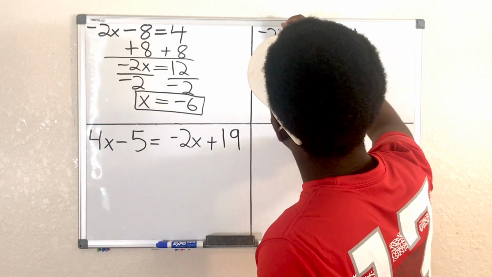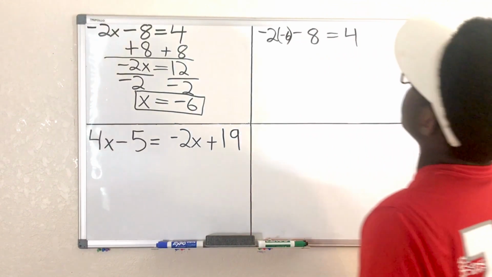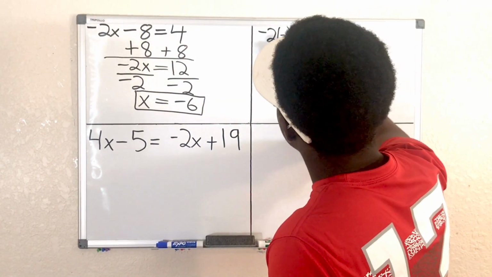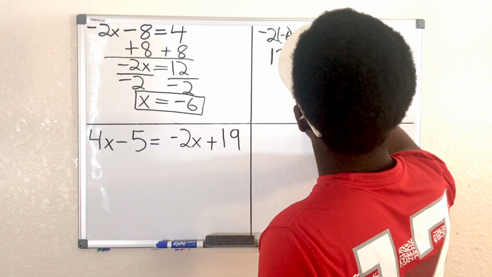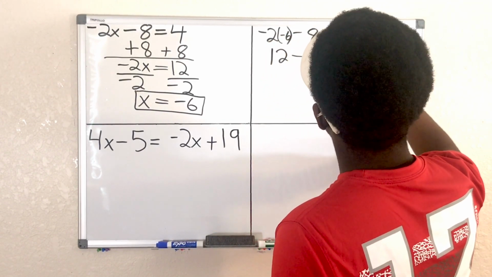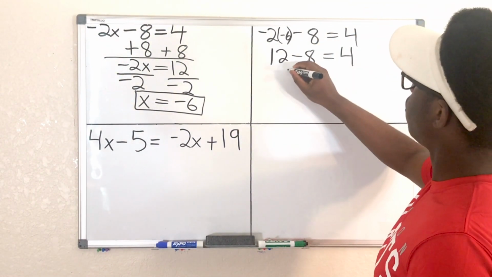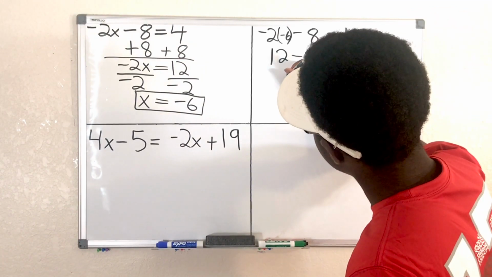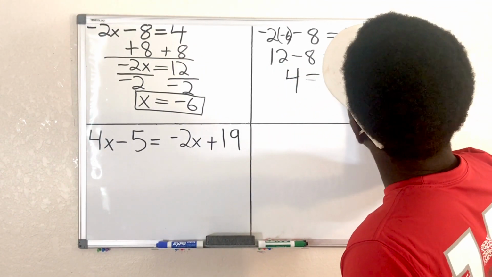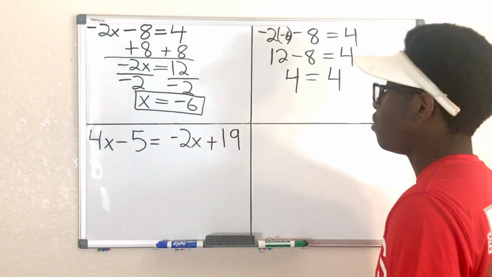So we have, put in parentheses, negative 6 times negative 2 is going to give us 12, minus 8 is going to be equal to 4. 12 minus 8 is 4, which is equal to 4. So we know that this equation is correct.